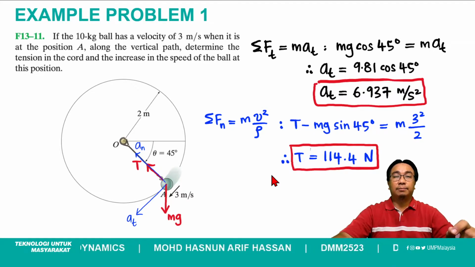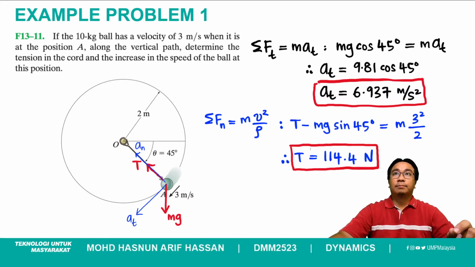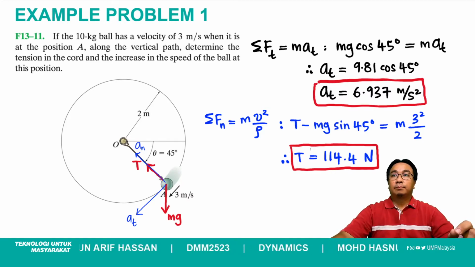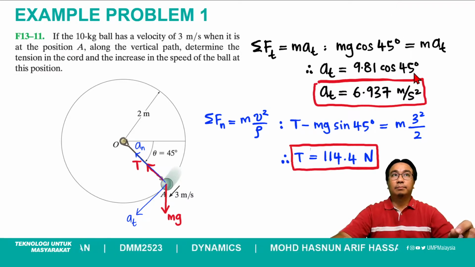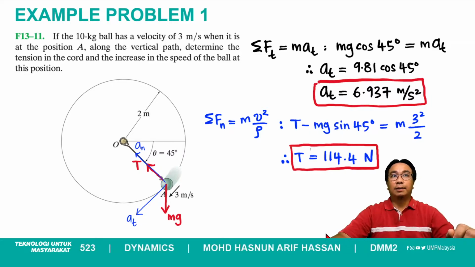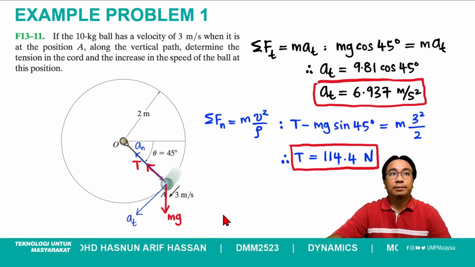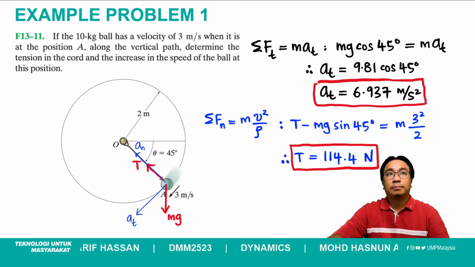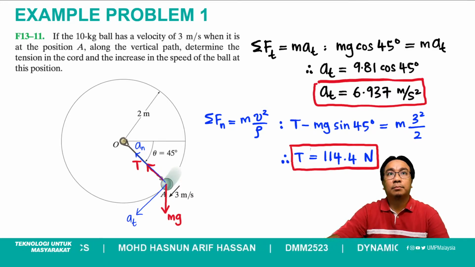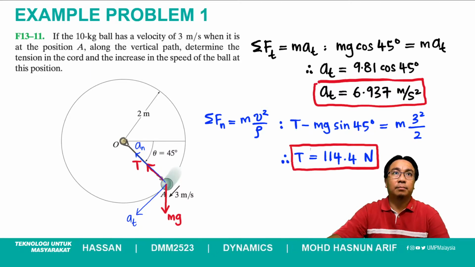Any question on this? Clear? Sir, I don't understand. It's stated that it moved along the vertical path, but why do we use mg? Why do you use mg? Moved along vertical path.